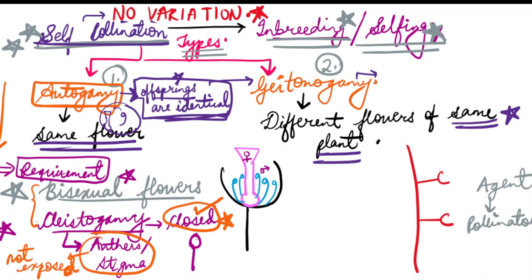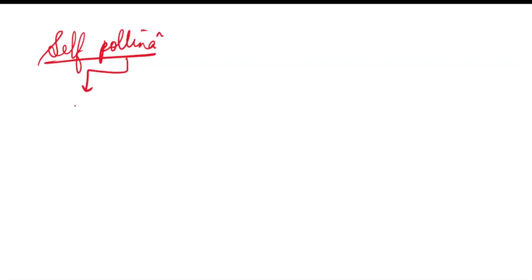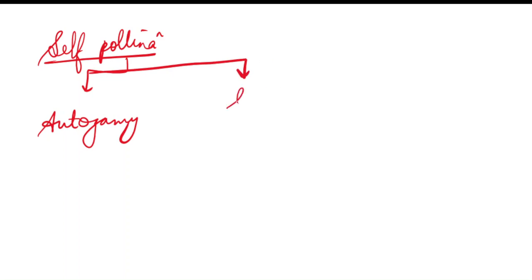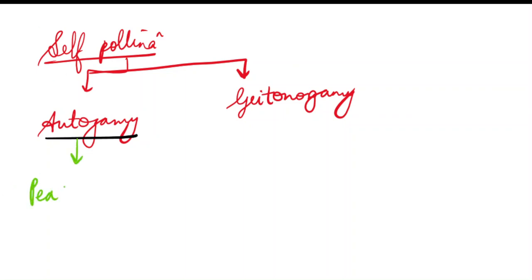Okay, this is understandable, so we are done with self pollination. Now, examples of self pollination. Autogamy examples are different, and for Geitonogamy the examples are different. For autogamy, pea is one example you should remember.